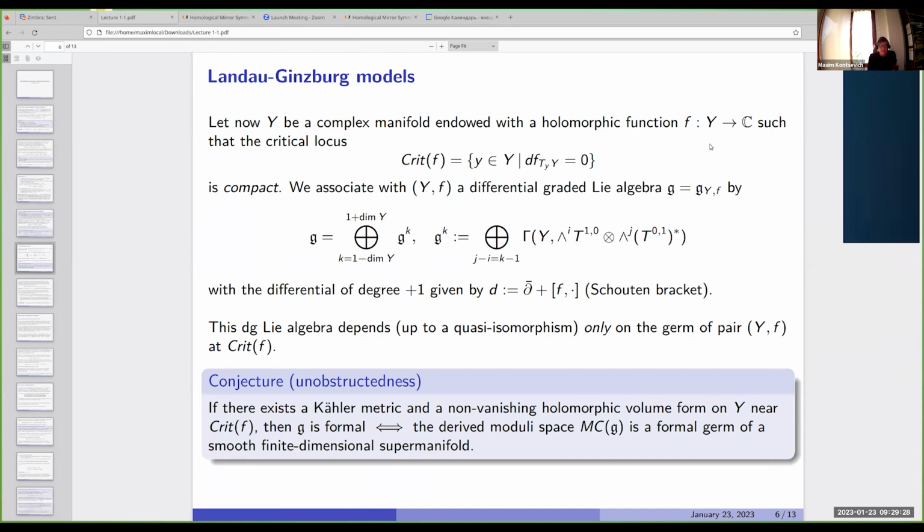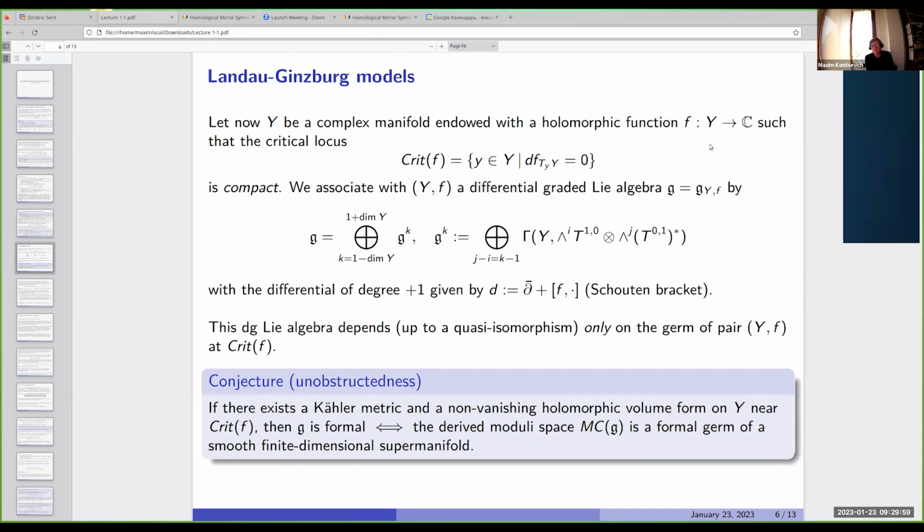The thing which I formulate as a fact is actually a conjecture, which is in the abstract of my talk. It is an abstractness conjecture. If there exists a Kahler metric and a holomorphic volume element on Y just near the critical locus, not the whole Y, in a small neighborhood, then this differential graded Lie algebra is formal, or at least homotopically abelian.